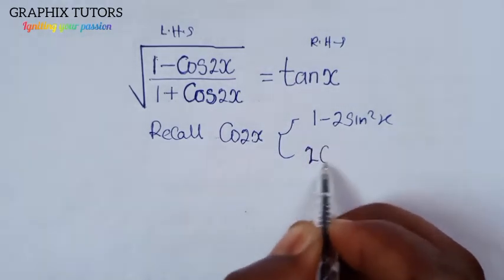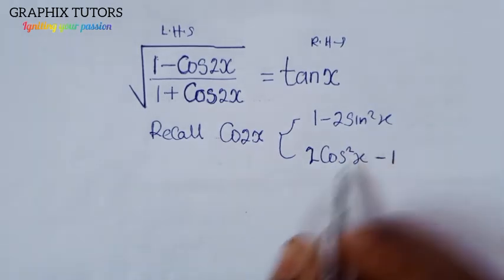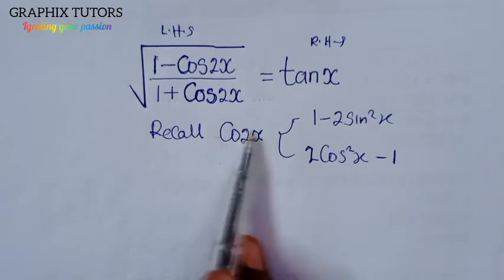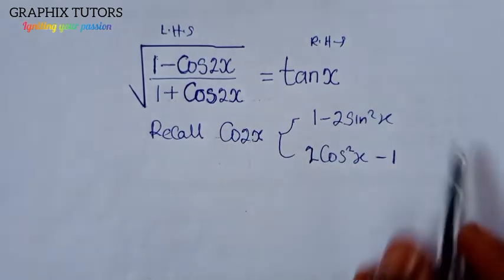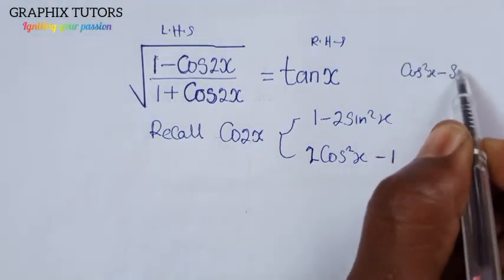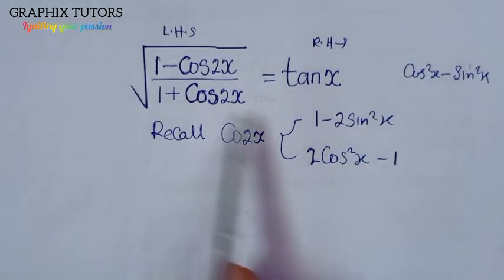We have 2 cos square x minus 1. So I proved this already. Whenever I see cos 2x, it will be this, and also it can also be cos square x minus what? Sine square x. So there can be these three of them, but in this case we need these two.